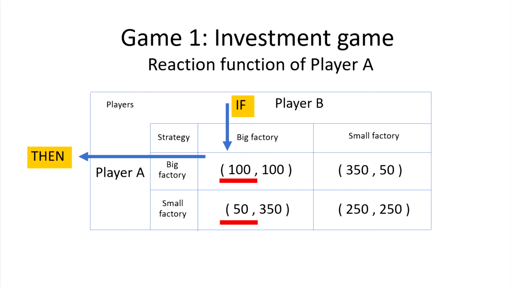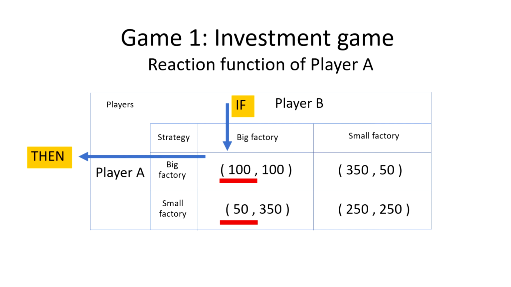So, to solve the game, especially the simultaneous game, you have to find the relation functions. Now we find the relation functions of player A. So we begin at if player B do something, then what would player A do? So if B builds a big factory, then A has to compare between 150.